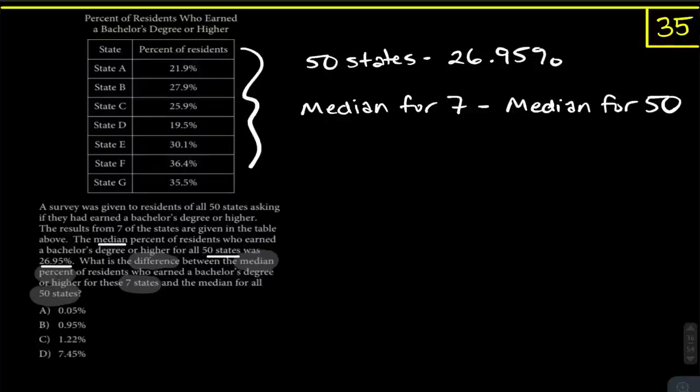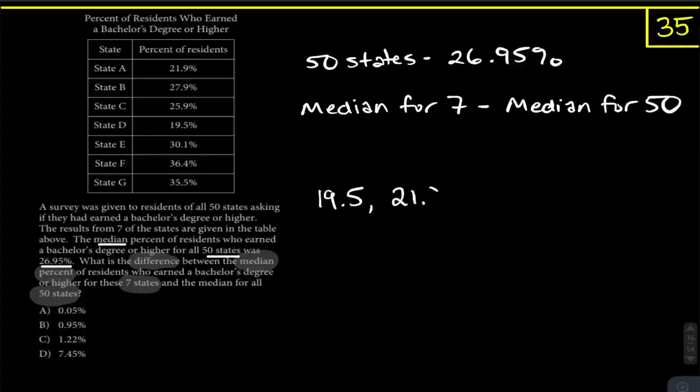So the longer way to do this would be to actually write out a list, and just write out, to find the median. We know that's the middle number, but it's the middle number when this is in order, from least to greatest. So we could write 19.5, which is the smallest here.